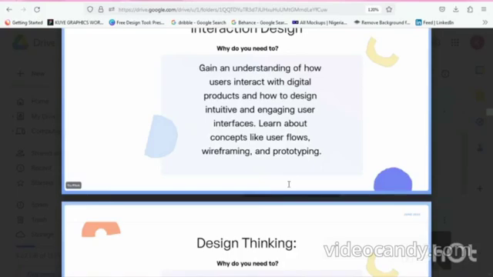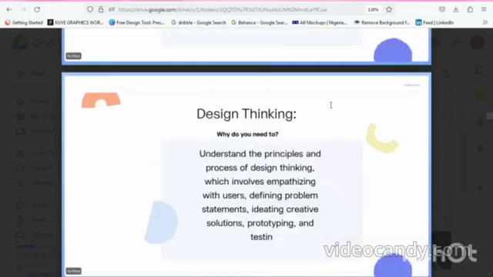So let's move on to design thinking. I don't know if anybody is familiar with design thinking. It is a process that most designers use, which was developed by IDEO.